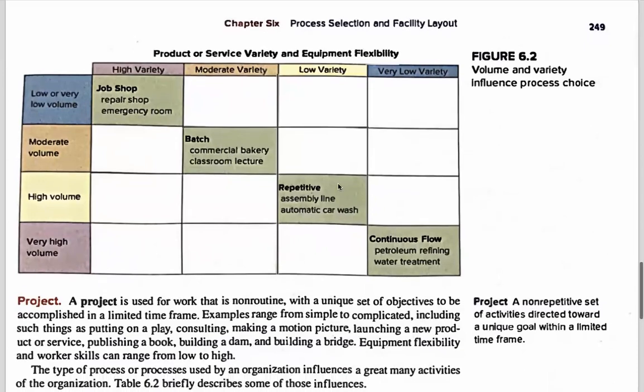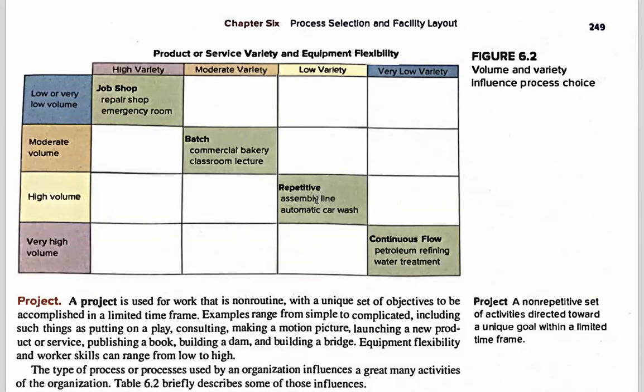And then the next one is repetitive. In repetitive, we know that volume is relatively high. For instance, a motorcycle or an automobile manufacturing company makes a large number of cars, and variety is relatively low because when they are making one type of car, they just do it until they are finished, and then they will wrap it up and set up another assembly line.